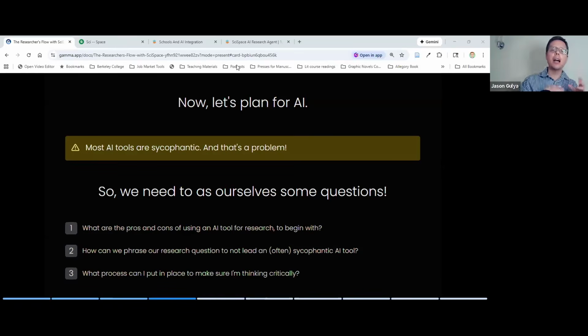Question number two: how can we phrase our research question to not lead a sycophantic AI tool? And this is something that is rarely talked about. When I talk to my students about the general use of generative AI programs, we talk a lot about bias.